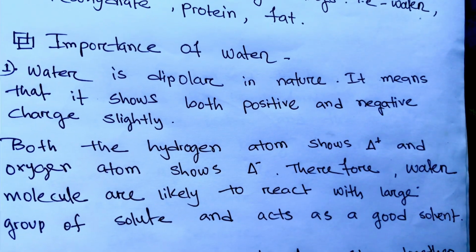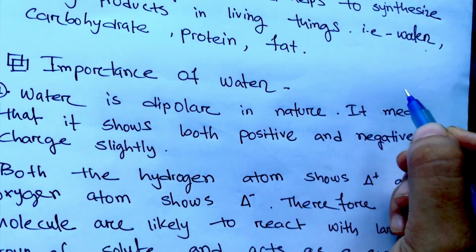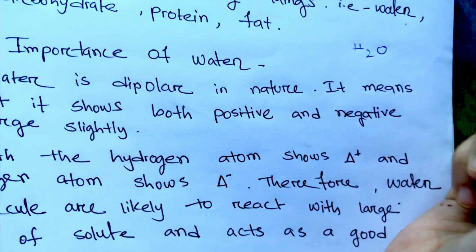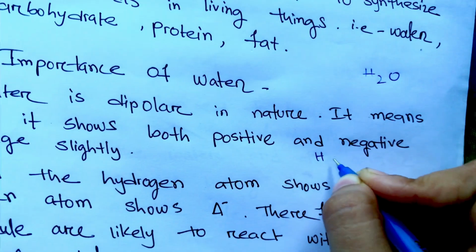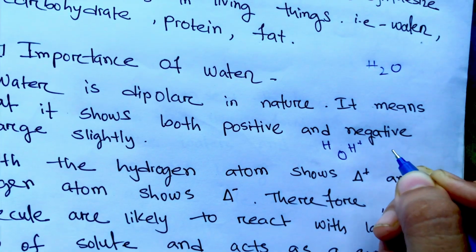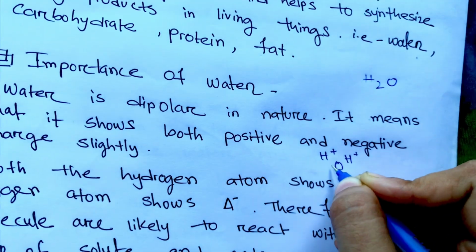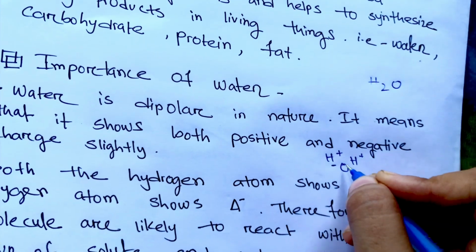So as you know, what is the molecular formula of water? It is H2O. Alright, and here H shows a slightly positive charge, whereas the oxygen atom shows a negative charge on it, right?